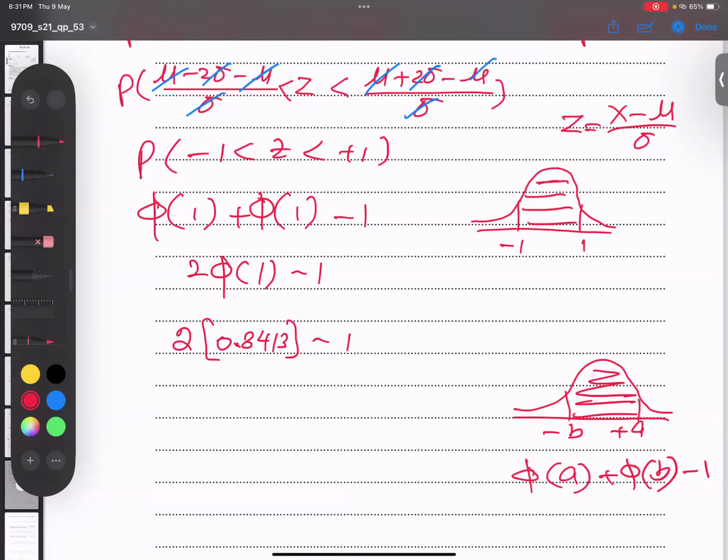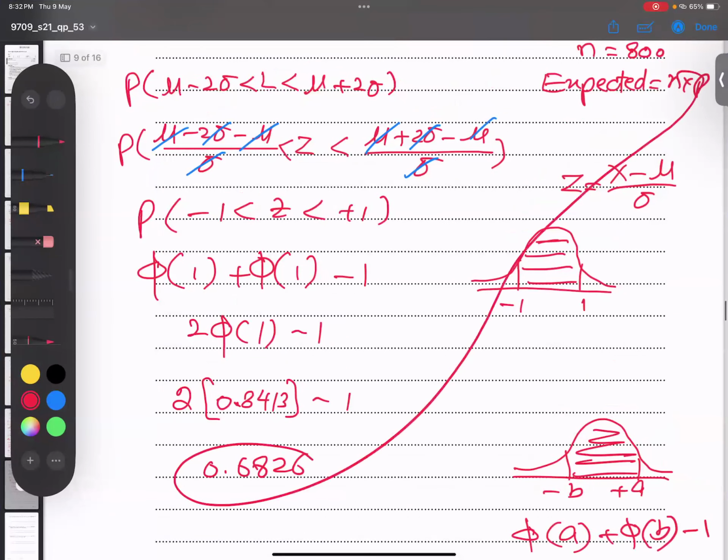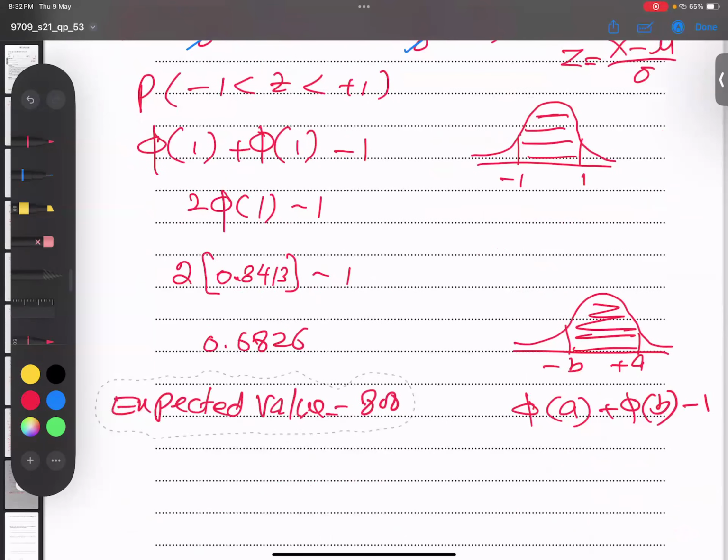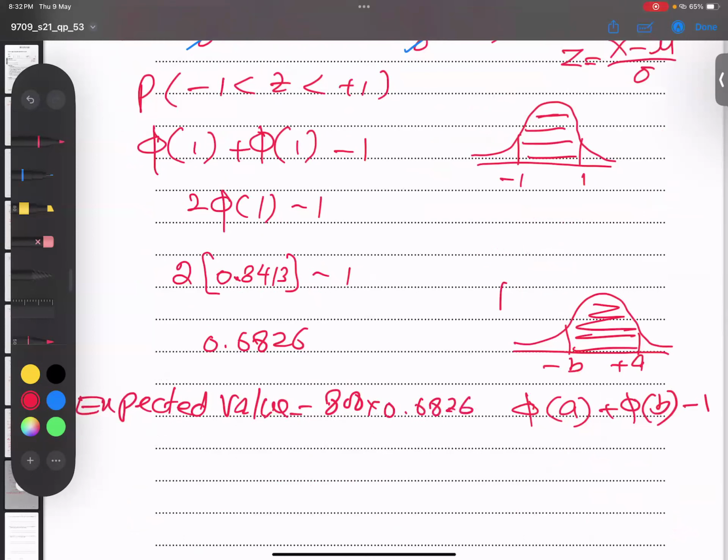So now how to calculate? 2 times 0.8413, and minus 1, I'm getting a value here, 0.6826. But he said, find out the expected value. So expected value is n, 800, into the probability 0.6826, into 800.